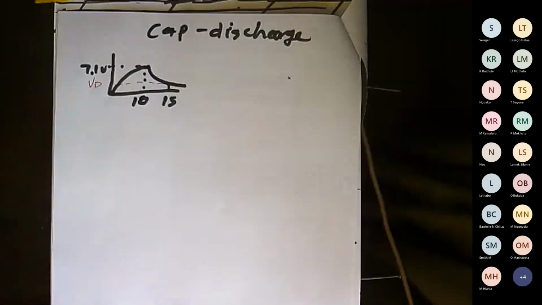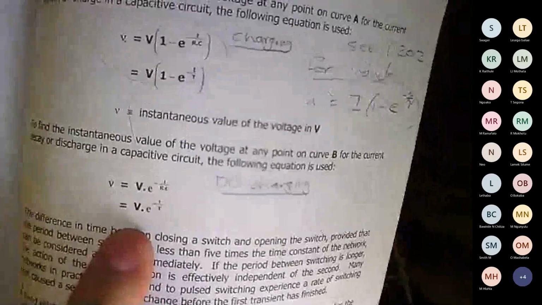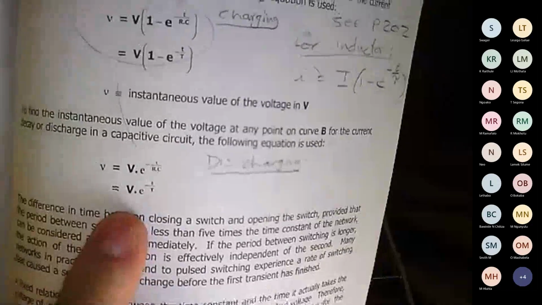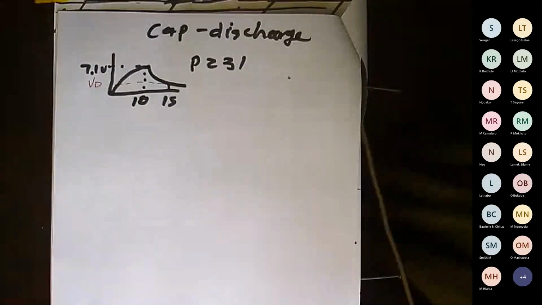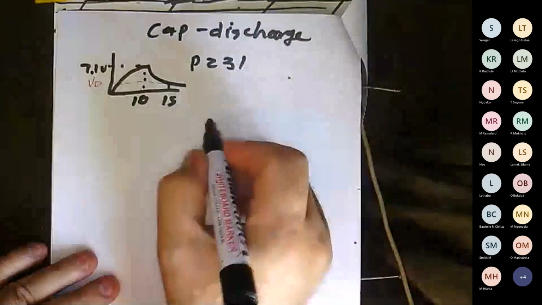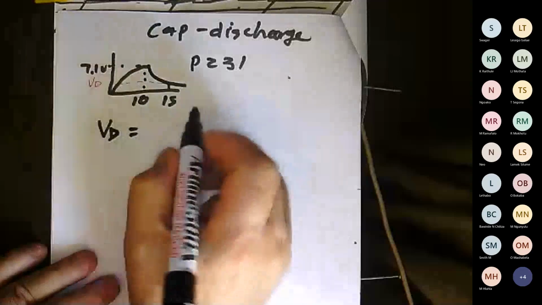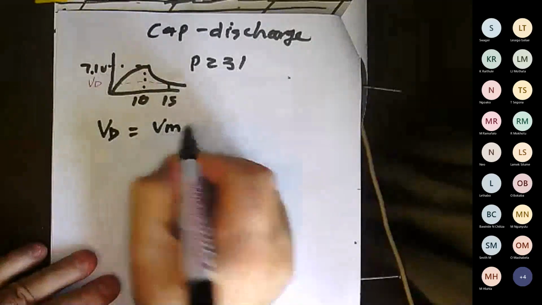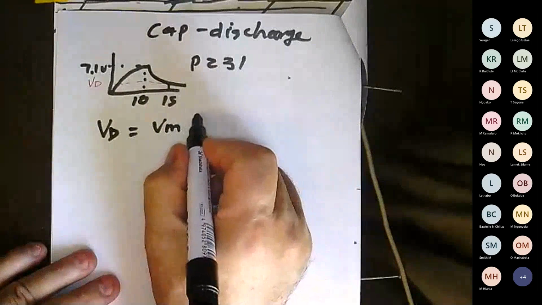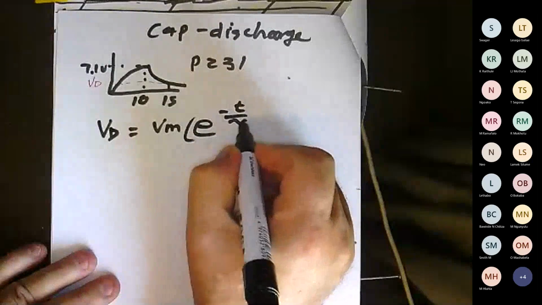Page 231, that's where we are now. I go to my formula and I see that's my formula for discharging. So to discharge the capacitor, let's write it here: V discharge equals V max times E to the minus T over tau.